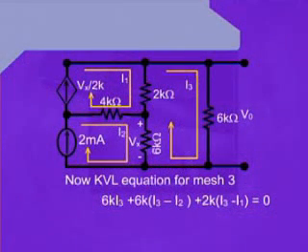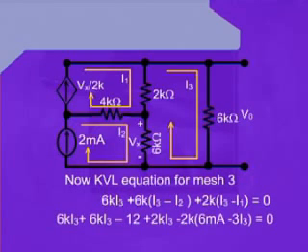Therefore, simplifying it and putting various values which we have calculated into the previous slide, we can write 6K I3 plus 6K I3 minus 12 plus 2K I3 minus 2K into (6 milliampere minus 3 I3) equals 0.